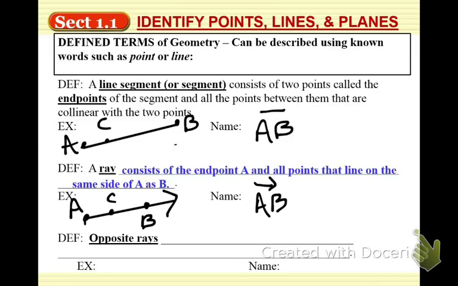Would the name still tell you where it starts and what direction it goes? So that would be fine, right? Could you call that ray CB? No. It doesn't tell you where it starts, right? So be a little bit careful in how you name.